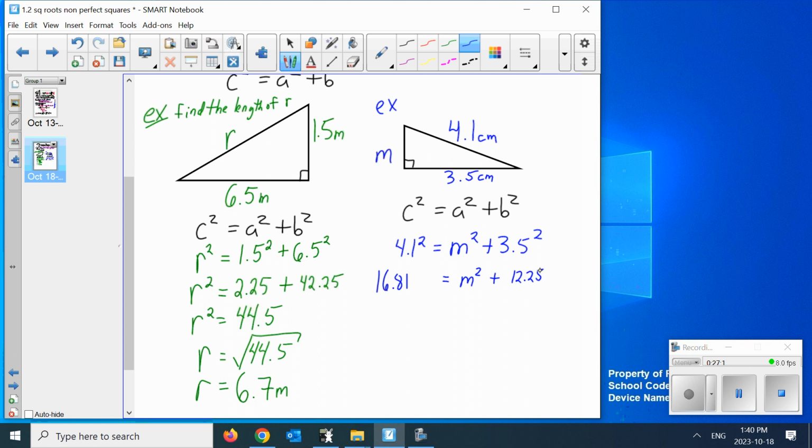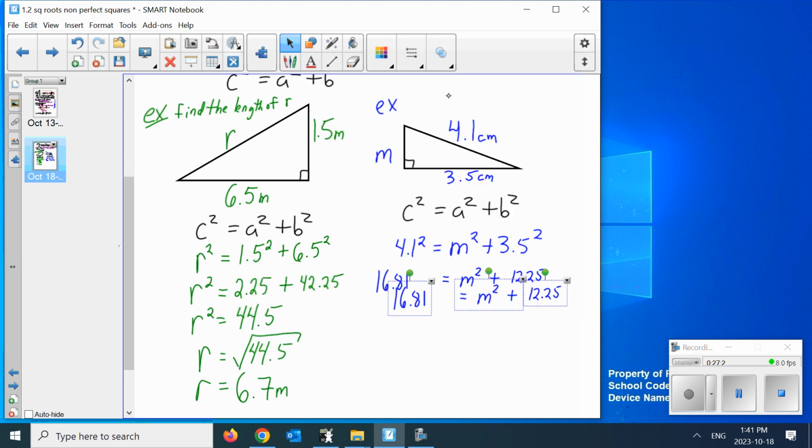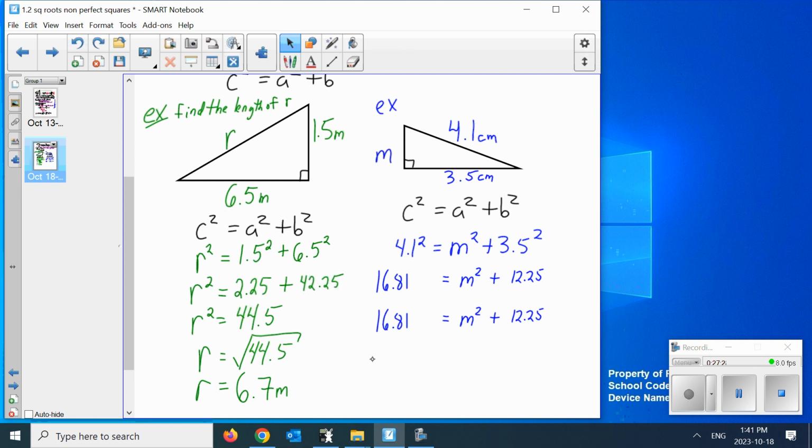Here's why I left the space there. I want to solve it.